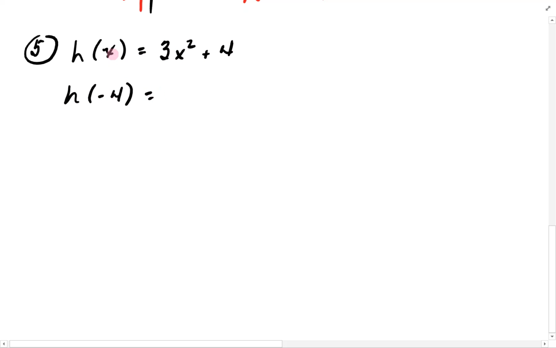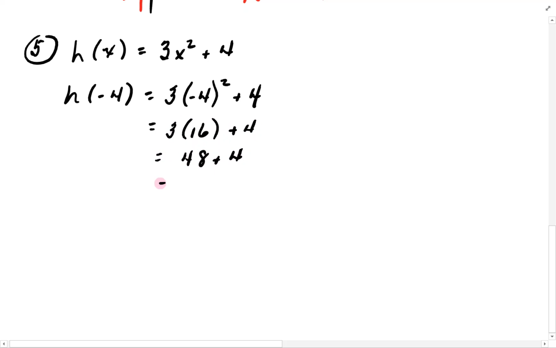Plug in -4 in the place of x, so 3 times (-4) squared plus 4. Using order of operations, I'll square first, so it's 3 times 16 plus 4, multiply 48 plus 4, which is 52. H of -4 is 52.